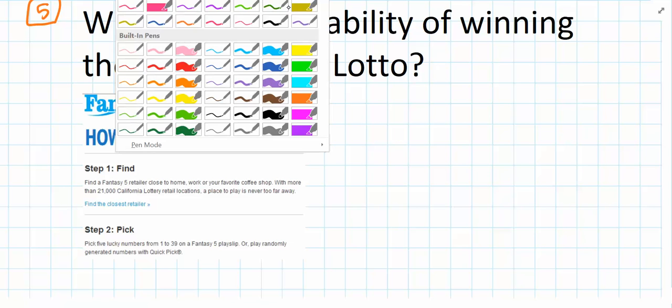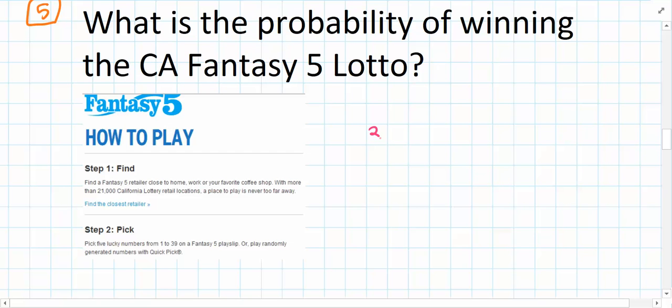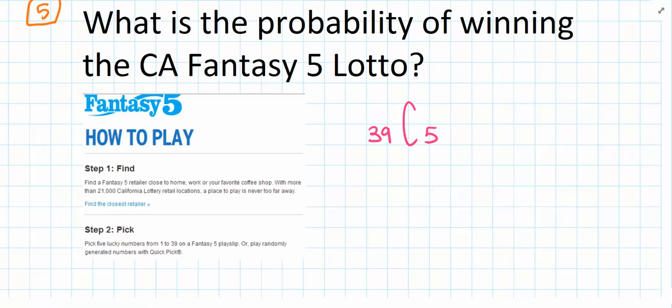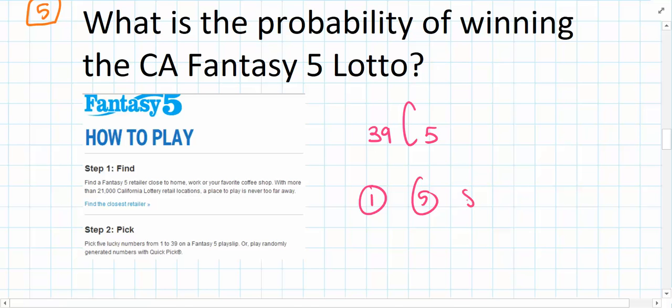Yes, absolutely. So from the 39 numbers, we want to combine any 5 of them. It doesn't matter the order in which you pick the numbers, because they all end up in the same order on the ticket anyway, because the machine puts them in numerical order from lowest to highest. Say the winning numbers are 1, 5, 8, 9, and 11.